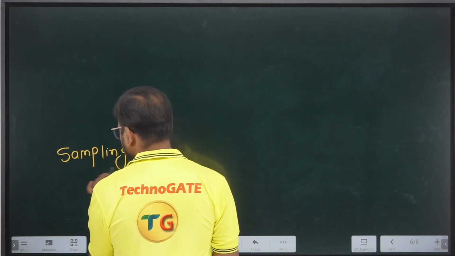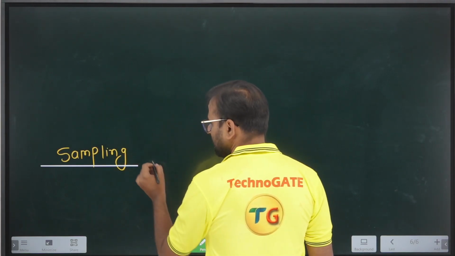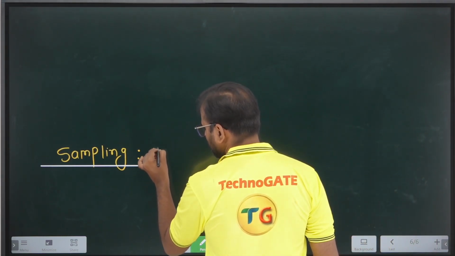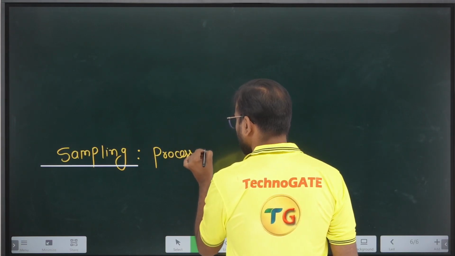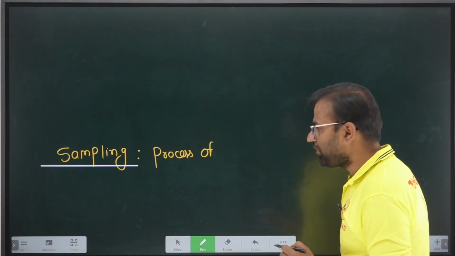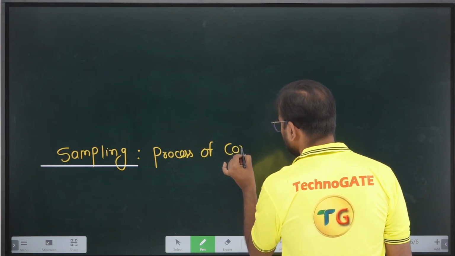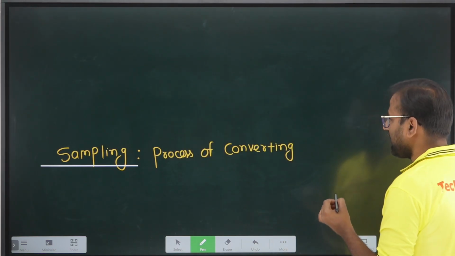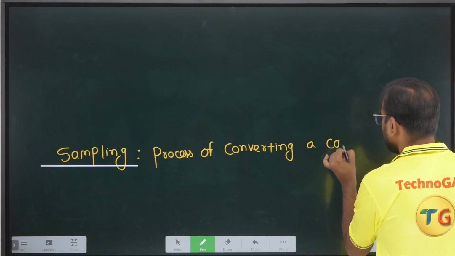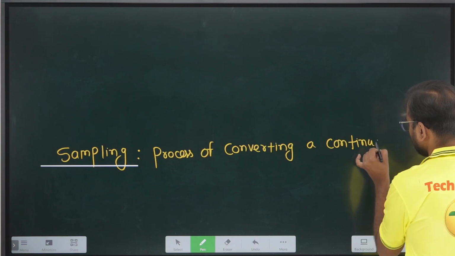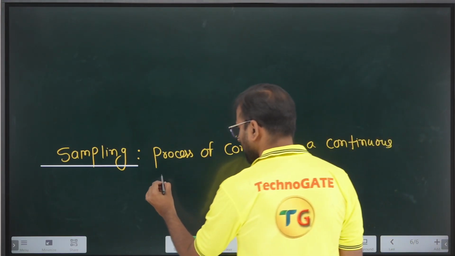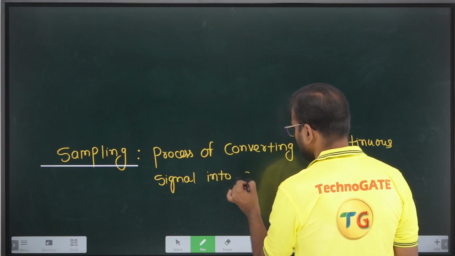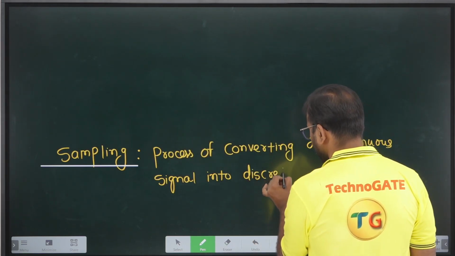What do we understand by sampling? Sampling is a process of converting a continuous signal into a discrete signal.